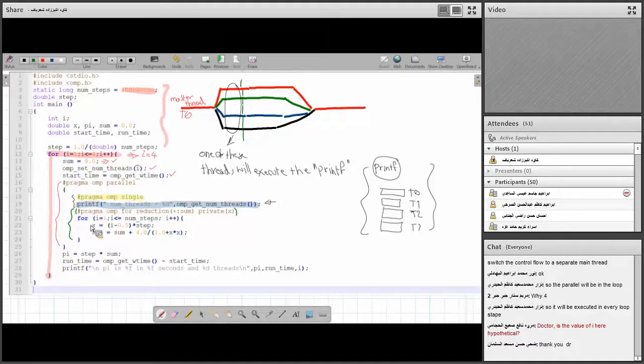This directive divides this for loop into 4 separate loops. We have a big loop.